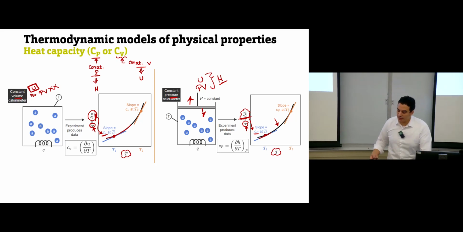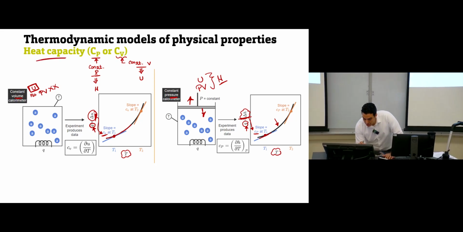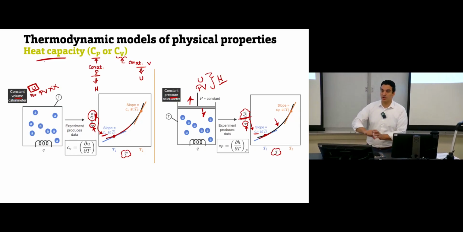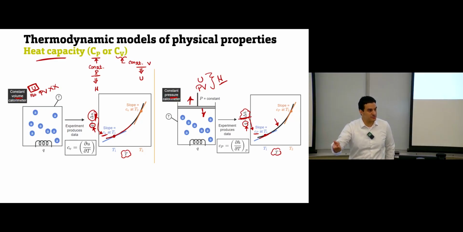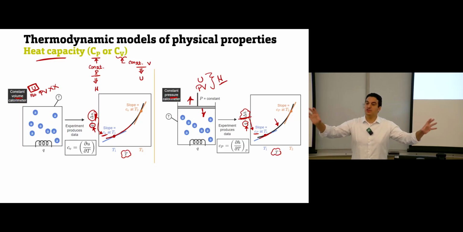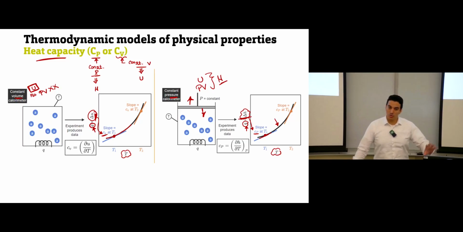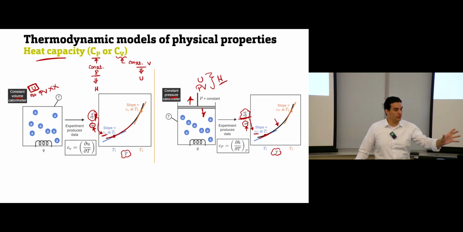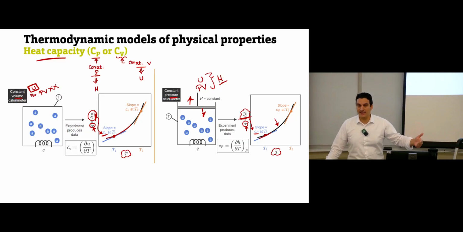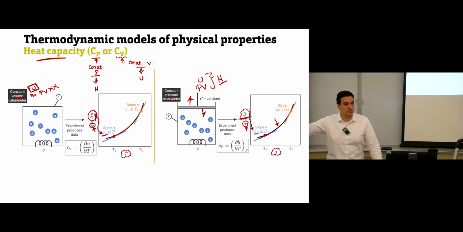Then we defined the heat capacity, the amount of energy that any substance needs to increase its temperature by 1 degree Celsius. Then we did experiments and found we have two definitions for the heat capacity based on how the process is performed. We have the heat capacity, a certain amount of energy this substance needs, if the process operates at constant volume, or if the process is conducted at constant pressure.